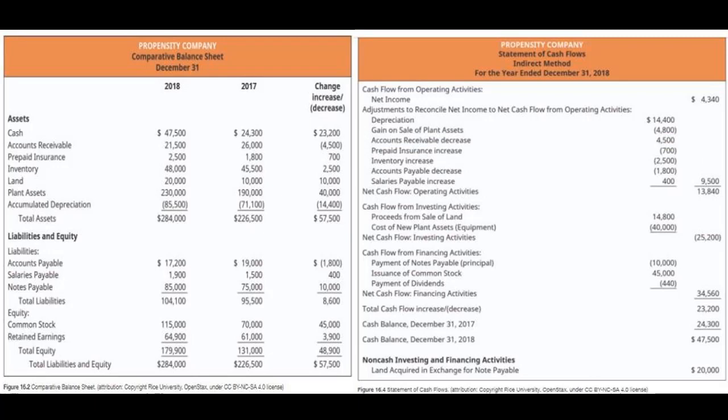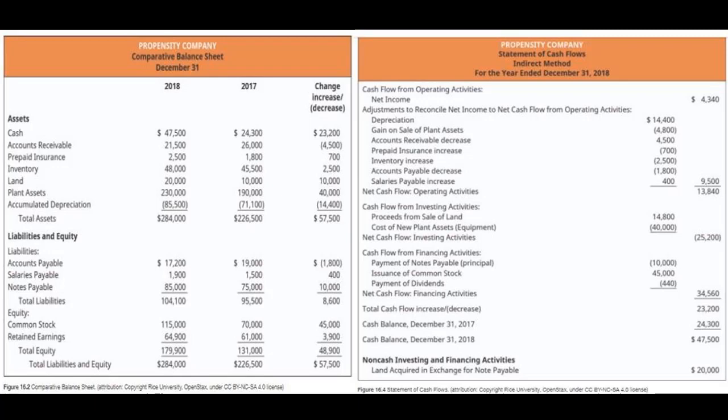And just to give you one more example, we have not yet seen a number in the investing activities section of figure 16.4. So just to make sure that we cover all of those different sections of the cash flow statement, let's look for a number that will appear in the investing activity section.